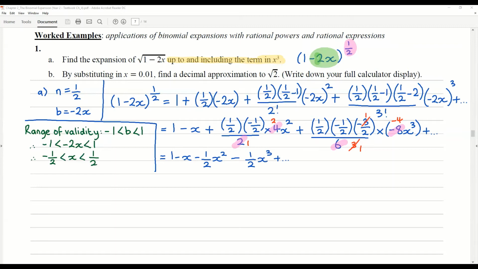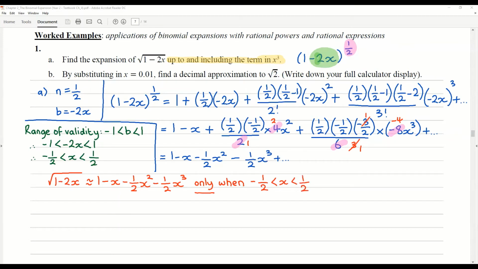What we have just discovered is that the square root of 1 subtract 2x is approximately equal to 1 subtract 1/2 x squared, subtract 1/2 x cubed, only when, I'm going to underline only when x is between -1/2 and 1/2.